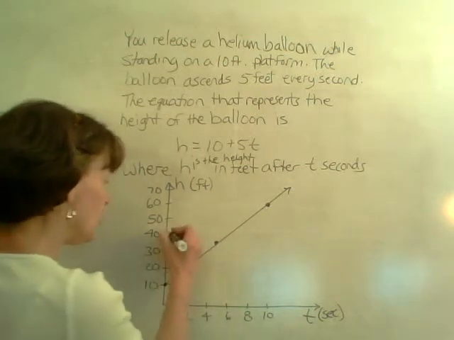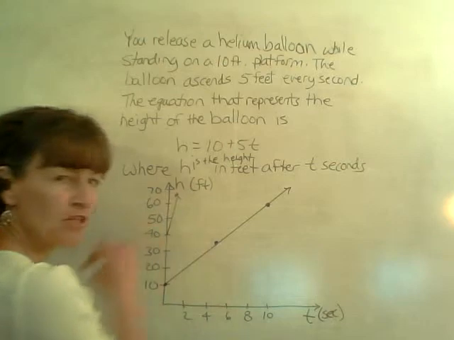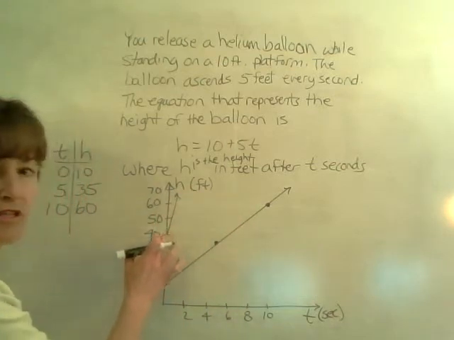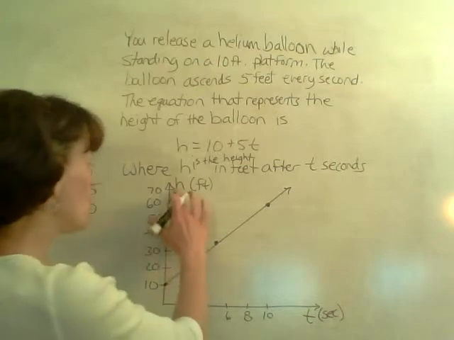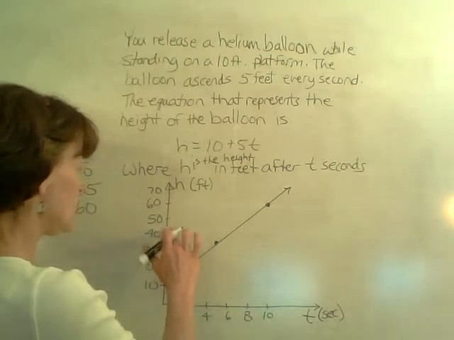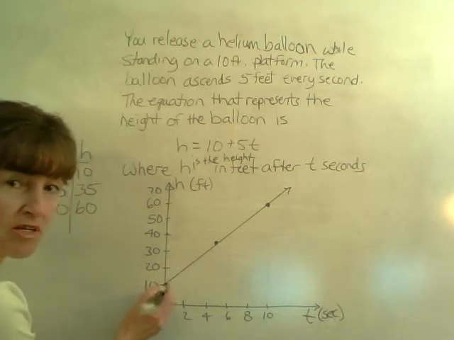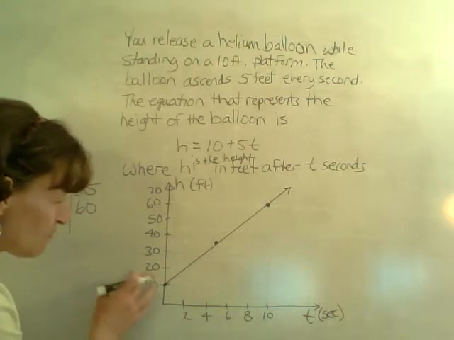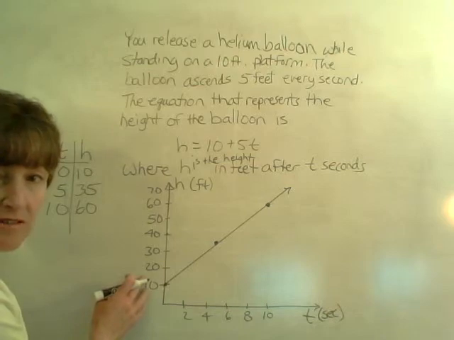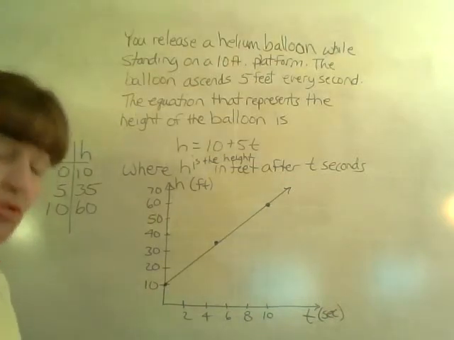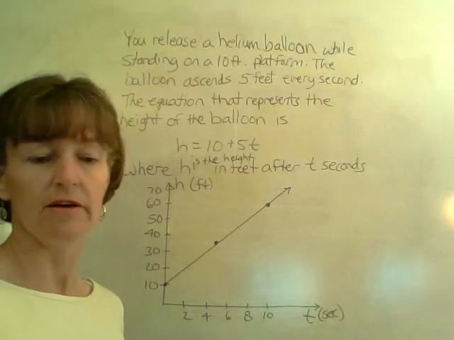You don't want a little bitty graph way over here, up here somewhere on a scale like this. If your graph ends up looking like this, you need to change one of your scales. All right? And you also don't want to be drawing the line past this point because, remember, negative values for this problem don't make any sense. So when you graph a real-life equation, remember to think about the practical parts of that problem.